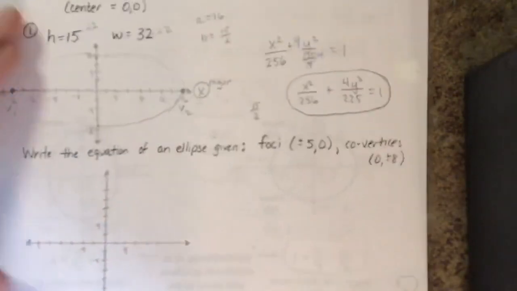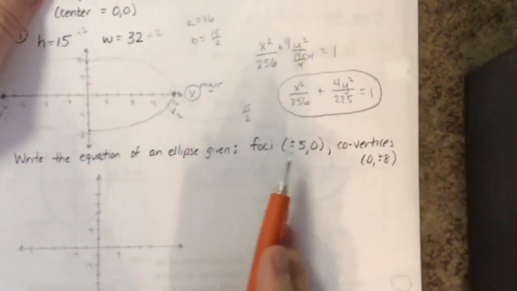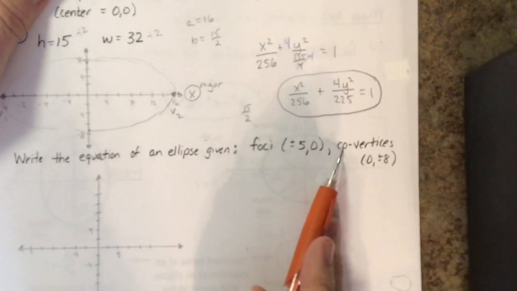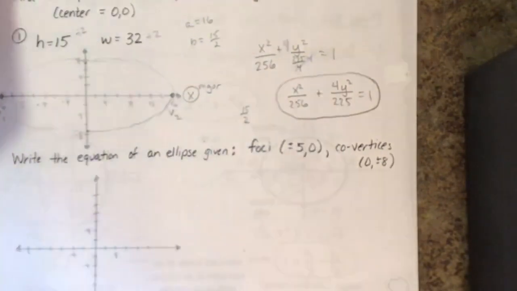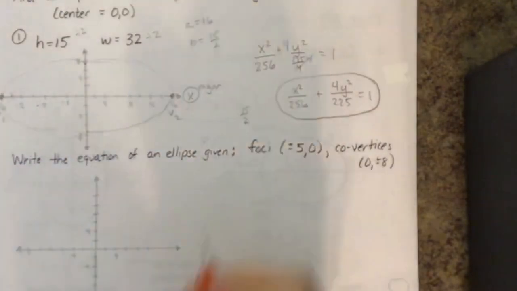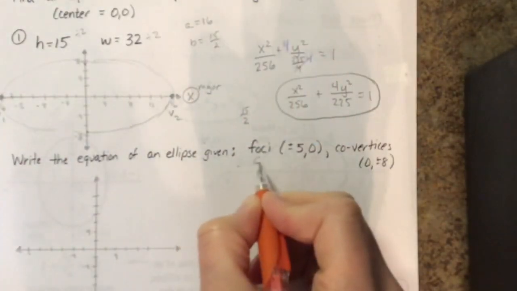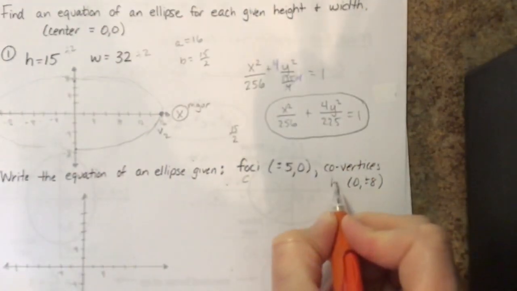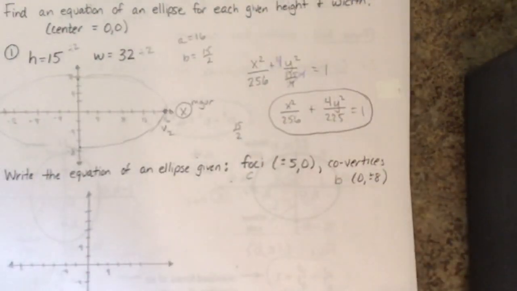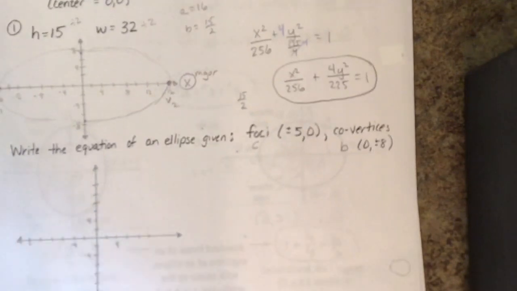All right, next one. An equation of an ellipse given foci and co-vertices. What's the letter associated with the foci? That is c. And the co-vertices, b. Okay, let's just sketch this out.